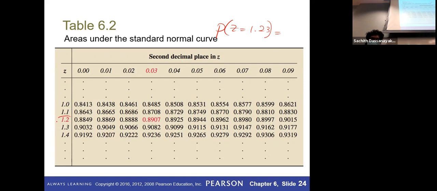So you can find positive 1.2 here. 1.2 plus 0.03 is 1.23, right? That's how you get the value. So 1.2 is here, 0.03 is here. Once you come down and go along this, you can find the corresponding value. So this value is your probability value. The same thing applies to the negative Z values. So it doesn't matter. Clear?